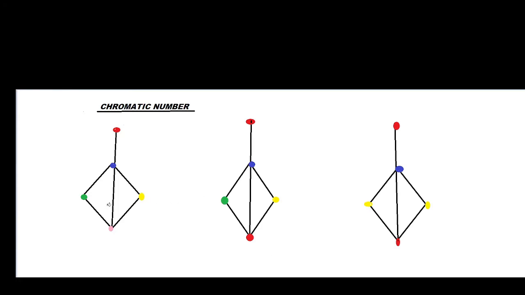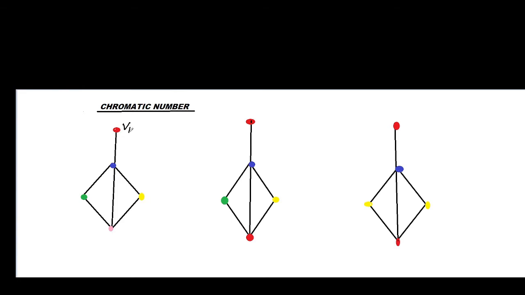Now let us consider the coloring of the graph in three different ways. In the first figure you can see that we used 5 colors.